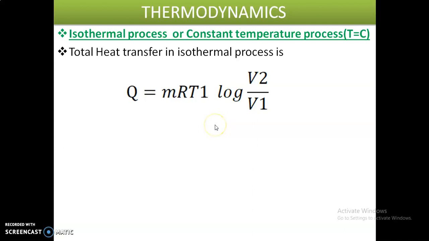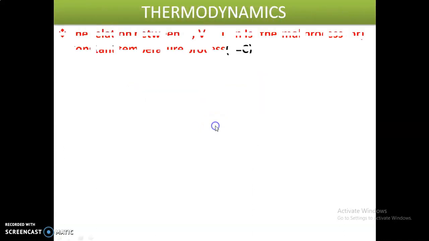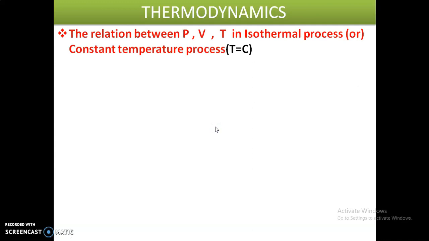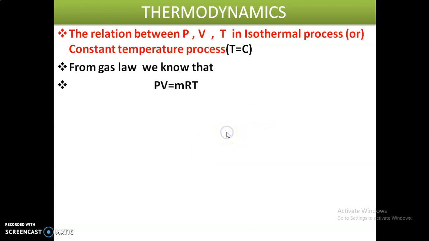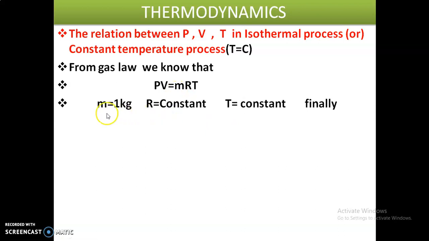So now let us see the relation between pressure, volume and temperature in the isothermal process or constant temperature process. From the gas law, we know that PV is equal to mRT. If you take 1 kg, m is equal to 1 kg, R is a constant, T is also constant. So finally mRT is totally constant.